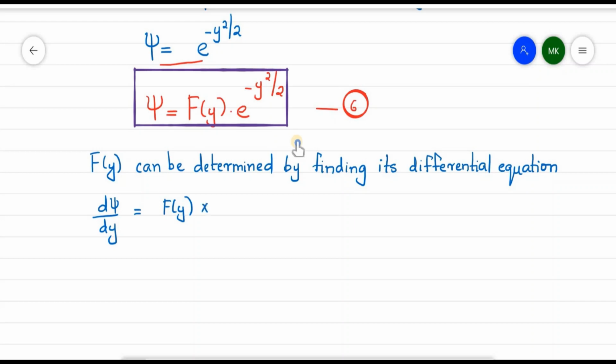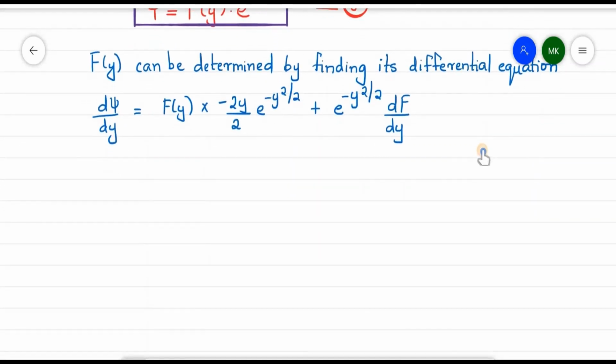This into minus 2y by 2 e raised to minus y square by 2 plus e raised to minus y square by 2 into df by dy.